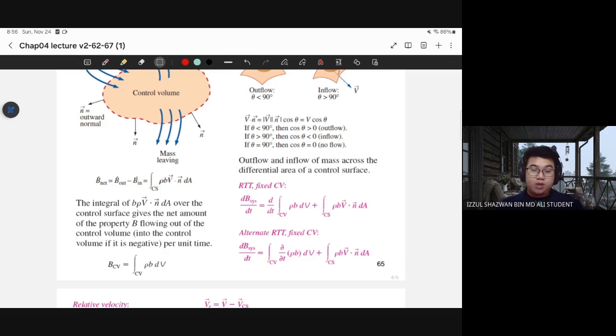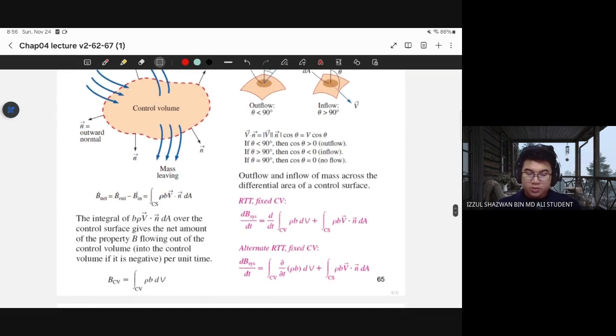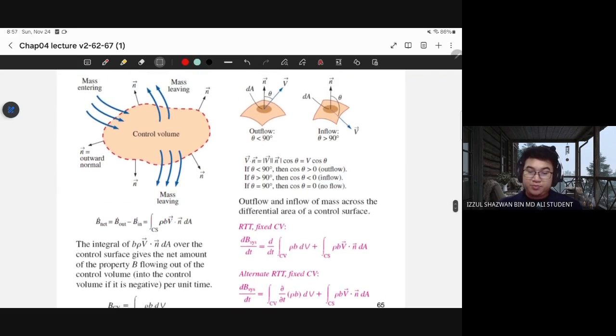The integral of b rho V dot n dA over the control surface gives the net amount of property B flowing out of the control volume, or into the volume if it is negative, per unit time. So B control volume will equal the integral of rho b dV, which is based on the control volume.